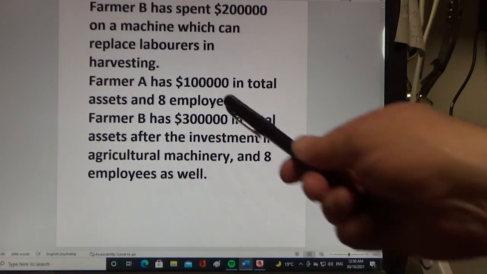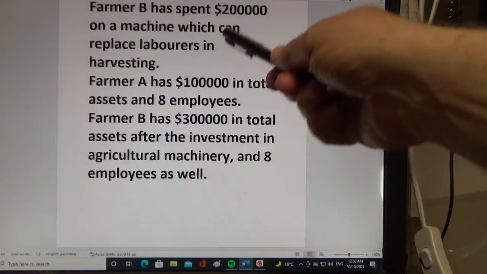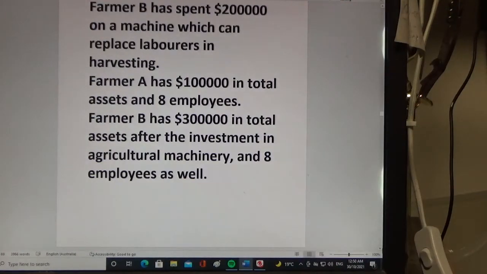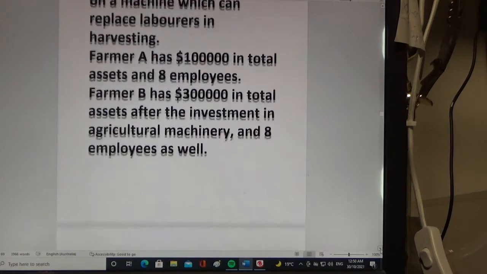So he's got 100,000 in assets. This farmer's got 200,000. And my example is they both have 8 employees on the farm, right? This guy's got more assets. He's just invested in more machinery assets.